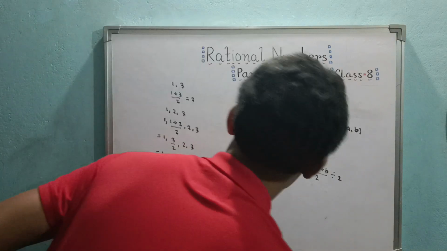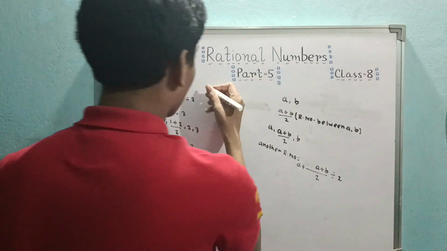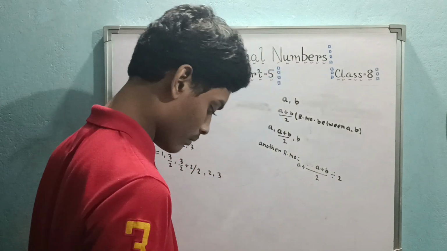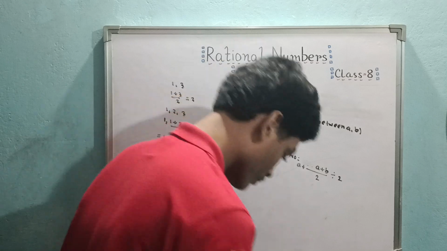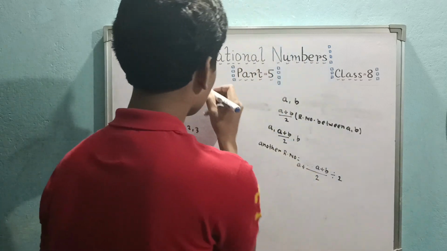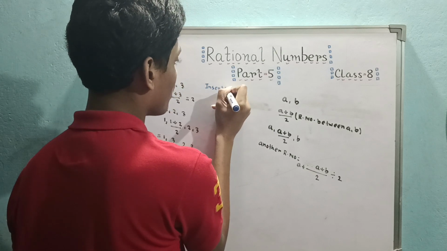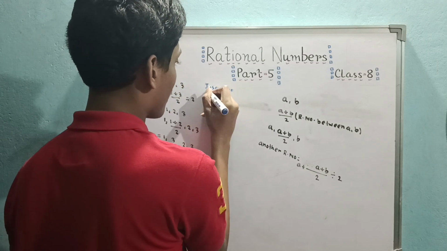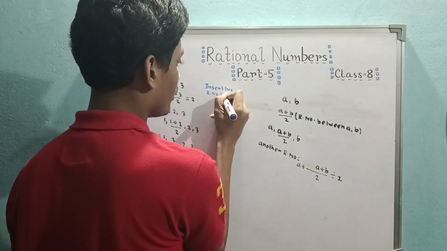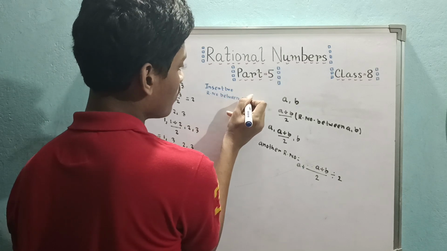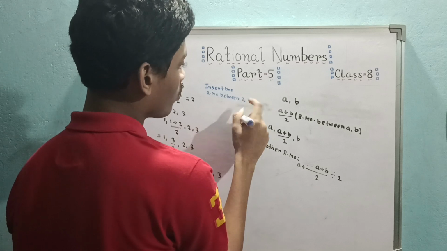Another method is also there, which is like this. Suppose I tell you insert two rational numbers between 2, 3.